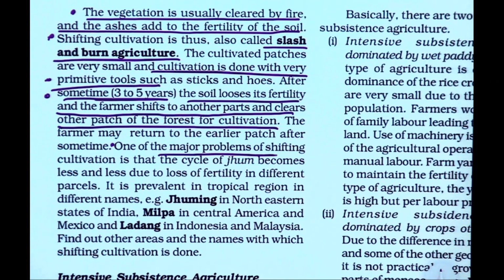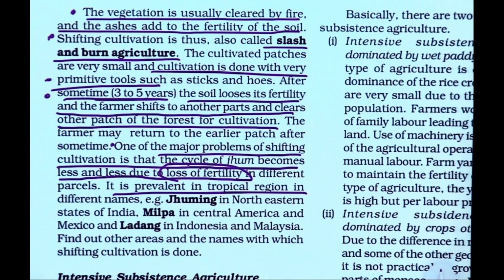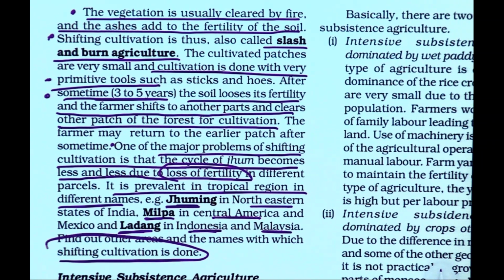The major problem with shifting cultivation is that the cycle of jhum becomes shorter and shorter due to loss of fertility. It is prevalent in tropical regions with different names: jhuming in northeastern states, milpa in Central America, ladang in Indonesia, Malaysia, and further names which we have already learned.